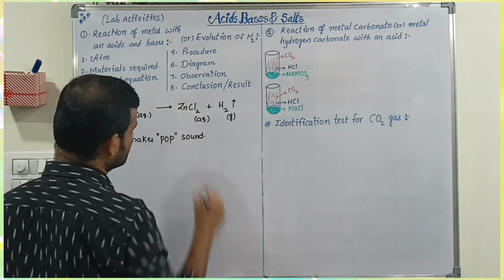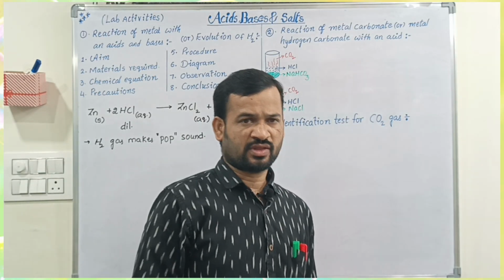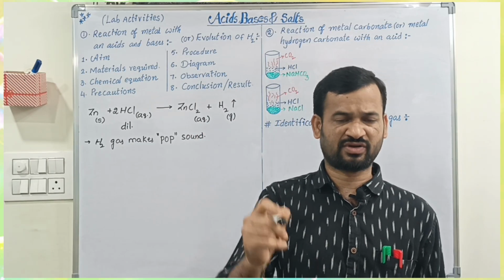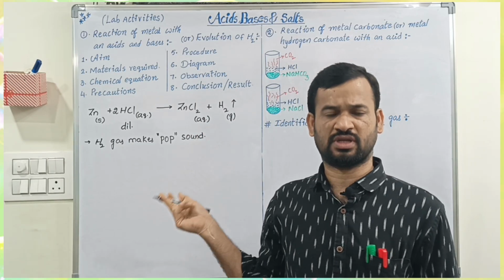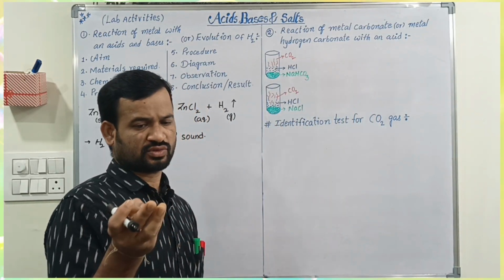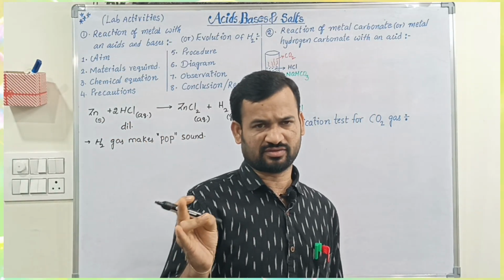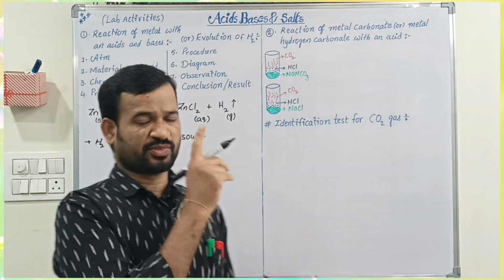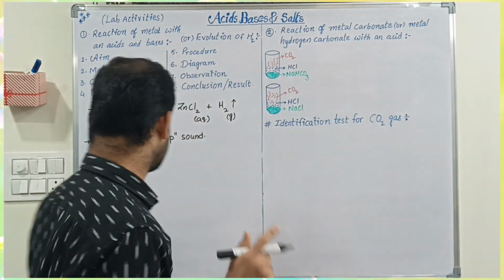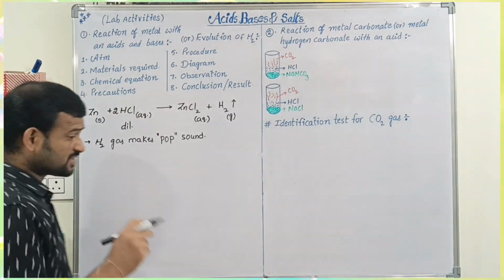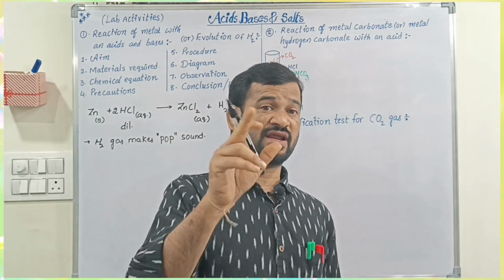In objective questions, they will ask which gas makes a pop sound among the following, and give options like H2, N2, O2, CO2. The only gas that makes a pop sound is hydrogen gas. That's it. Understand?